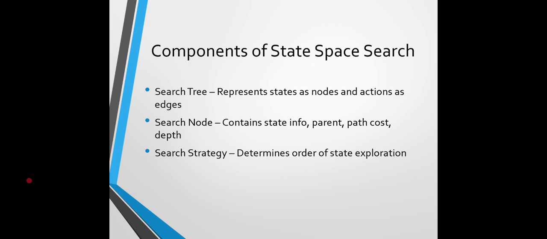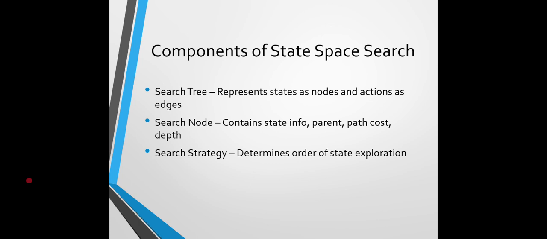Let's see the components of a state space search. The search process is managed using three essential components. First one is the search tree, then the search node, and finally the search strategy. The search tree is the structure the algorithm builds, where states are represented as nodes and actions are the edges connecting them.